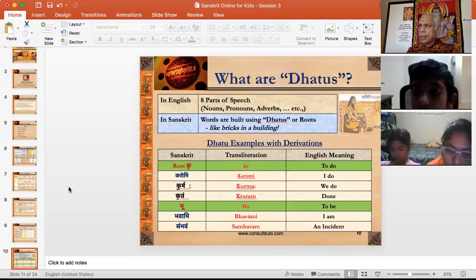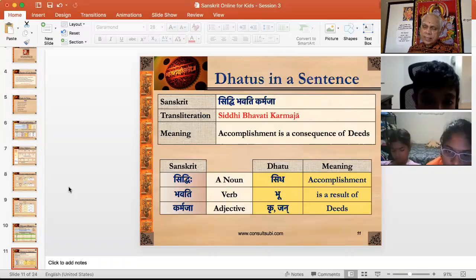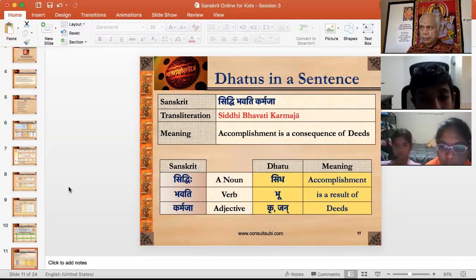Okay. Let's see a sentence, for example. Now, the sentence here reads, Siddhi bhavati karmaja. Siddhi means something you accomplish, accomplishment. Karmaja means the work that you do, all the deeds.